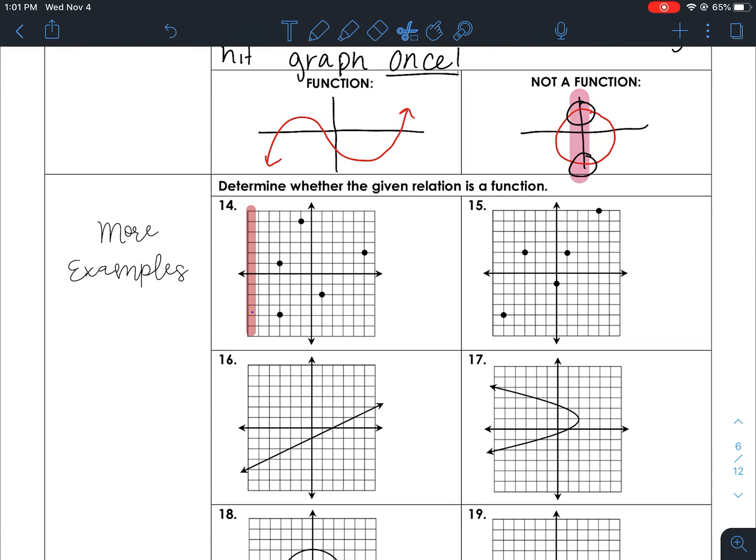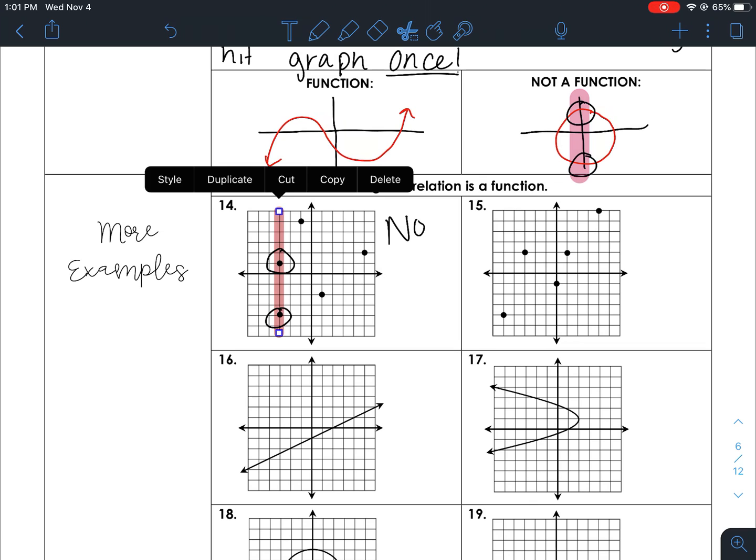You can do this with your pencil or with a ruler, anything like that that you can drag across. So as I drag across here, I'm hitting my line twice. That is not a function. Let's try this next one. Here we're good.